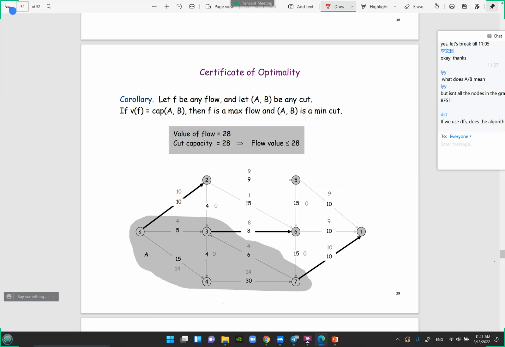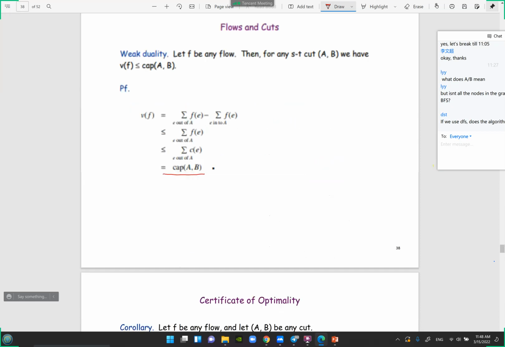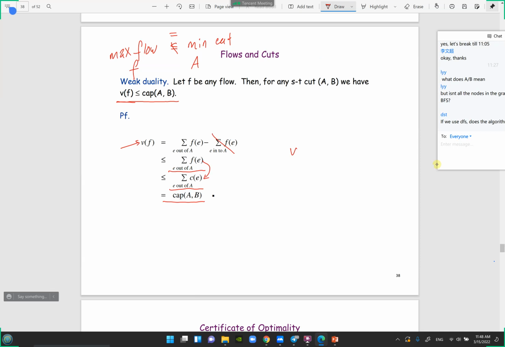So here you found a flow of size 28, 10 plus 4 plus 14. So you have 28 coming out of S. And then if you look at the capacity of this cut, if you just add up the capacity over here, this is also 28. Because the capacity is 28, we know that any flow has to be at most size 28, because over here we said that for any flow, this is less than the capacity of any cut.